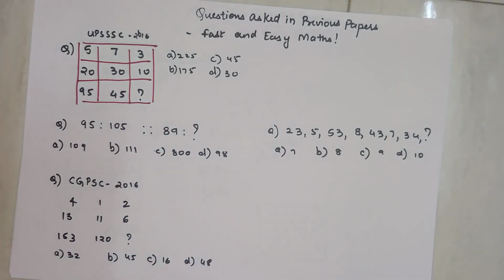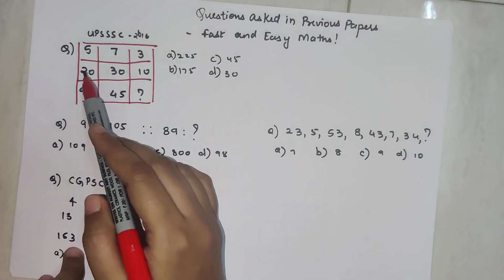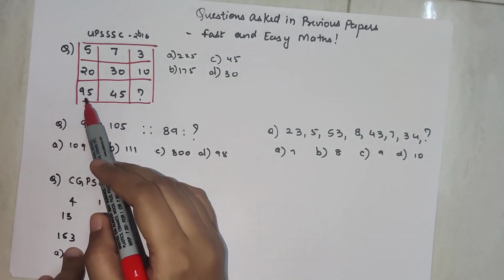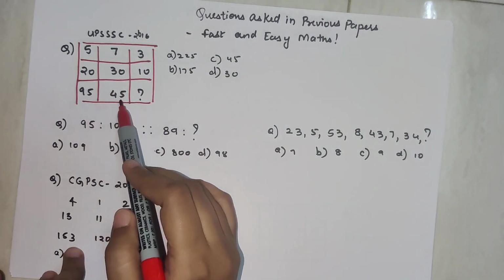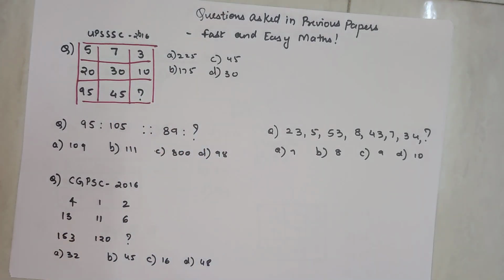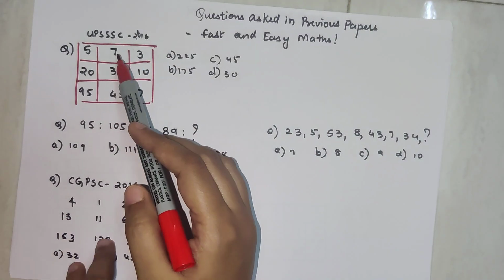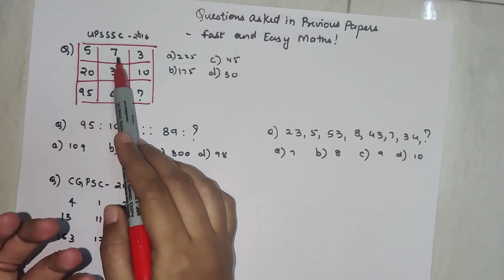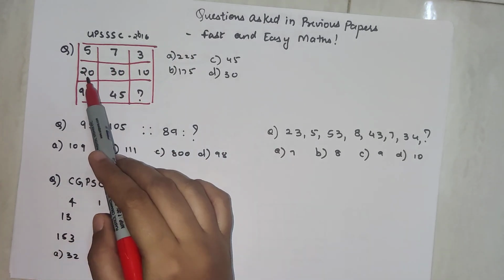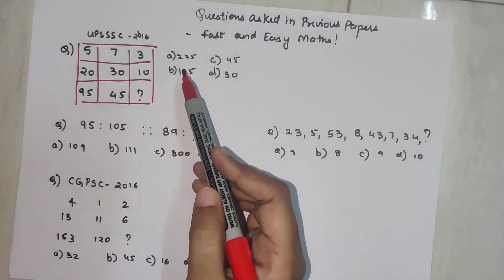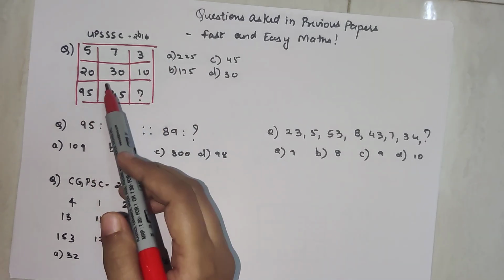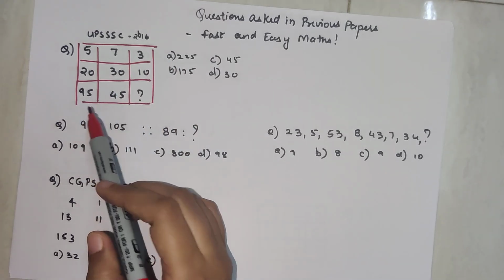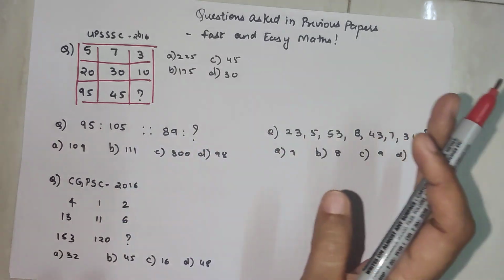In this question we have 5, 7, 3, then 20, 30, 10, and then we have 95, 45 and something like that. Normally what students do is they try to do the total. Let's do the horizontal total. So 5 plus 7 plus 3 gets you 15, 20 plus 30 plus 10 gets you 60, and 95 plus 45 gets you 140.